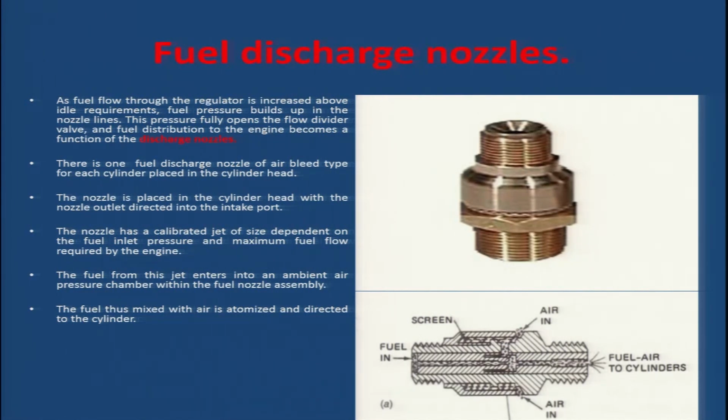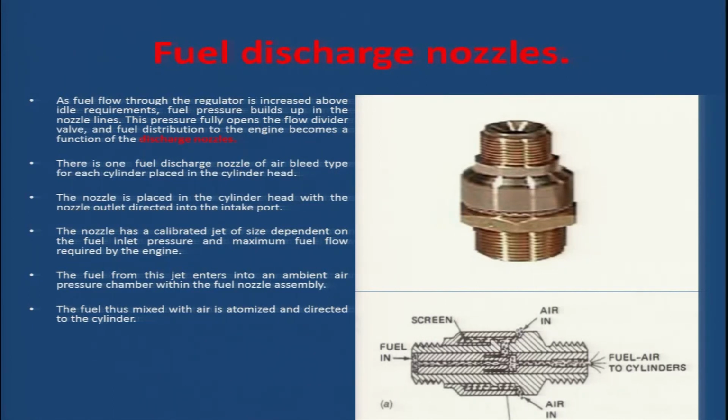This is decided by the engine manufacturer, and depending on the jet size, the fuel inlet pressure and maximum fuel flow, the type of nozzle is decided for the engine.